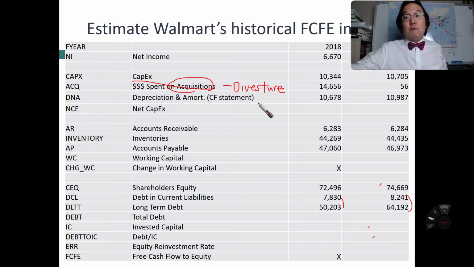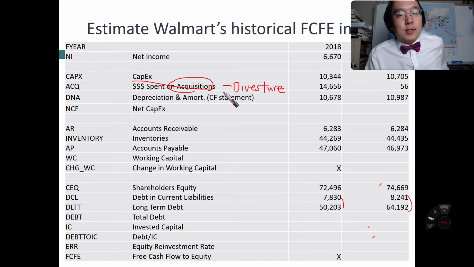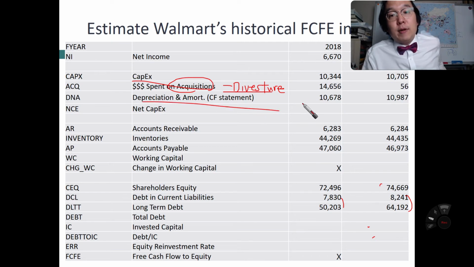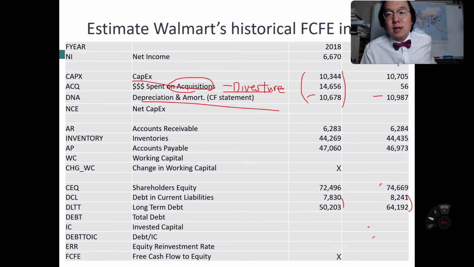Well, selling off your equipment, you get cash. That's negative CapEx. So that's why I say minus over here, right? Anyway, so that's that. And then depreciation, well, that's minus, right? To get net capital expenditure. Okay, so that's that.